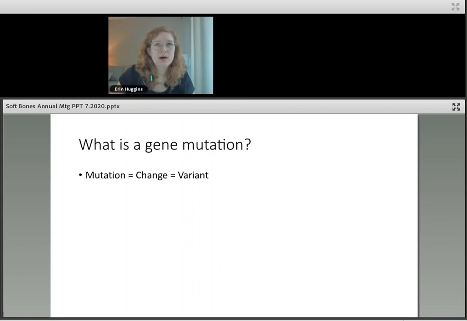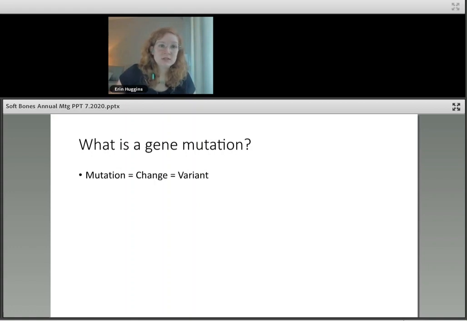One thing I want to point out is there are a lot of different terms that we use in genetics, and these are often used interchangeably, and different people will use different versions of it, but this is just a way to think about it. A mutation just is a change. Mutate literally just means change. Not always bad, not always good, sometimes benign.